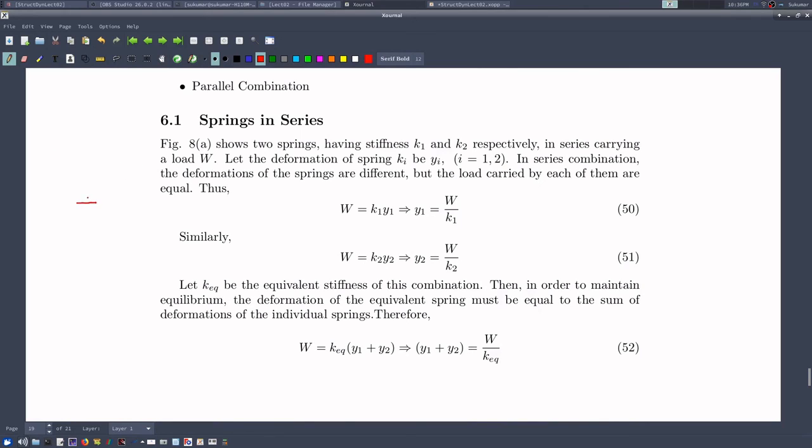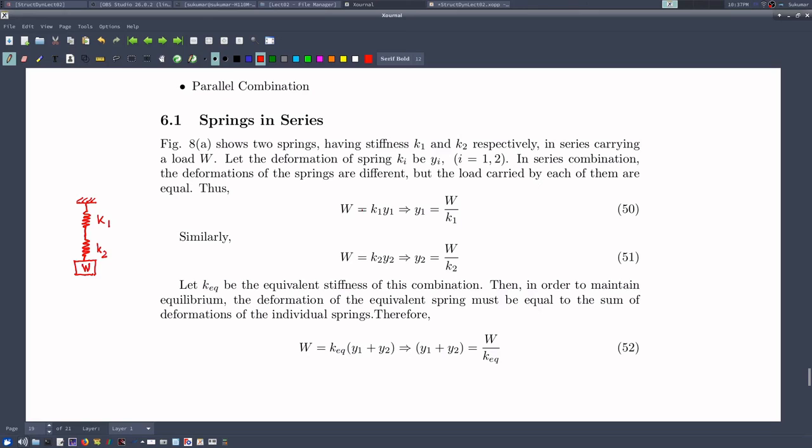It may not look nice, but it will be useful to understand. So this is one spring, this is another spring. They have different stiffnesses K1 and K2, and they are carrying the same load W.